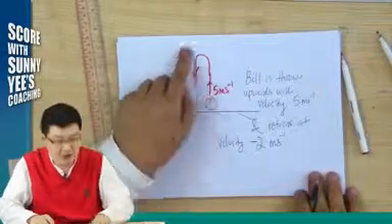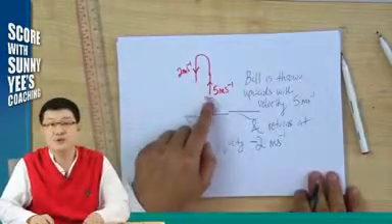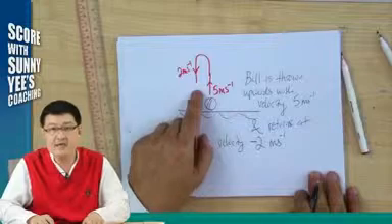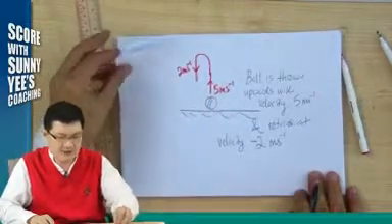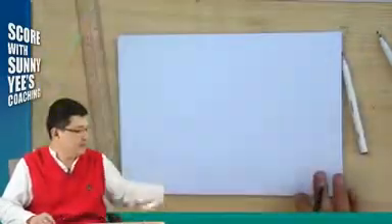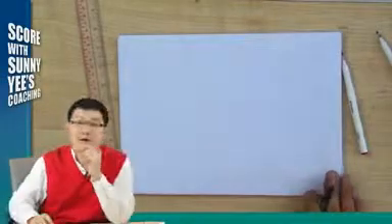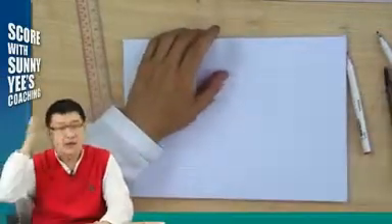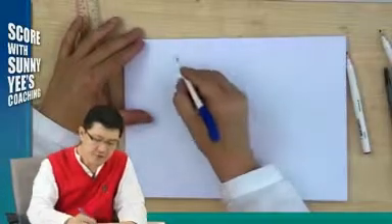You see, it changes its direction to negative 2. So positive up, negative down. Can you follow? Right? So that will be your velocity.